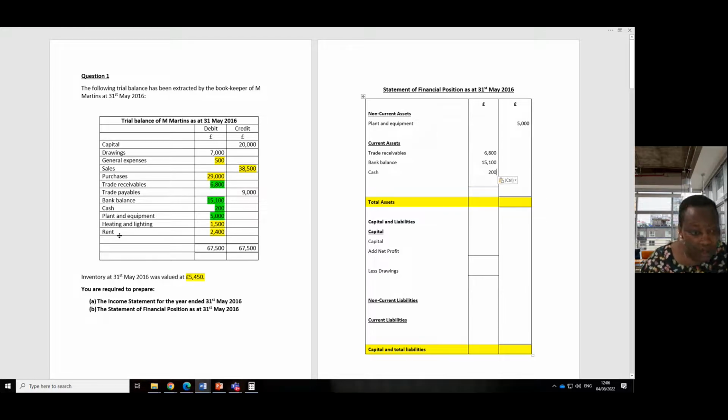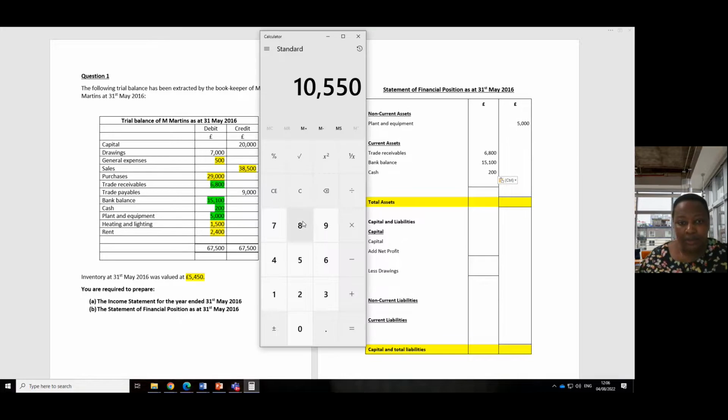Do we have any other current assets? No. Of the remaining items here, we don't have more current assets. So what we need to do is add up all of these current assets that we've been given. So bring in our calculator. The 10,550 was what we got as our net profit. We'll be using that in this calculation. So we have 6,800. We add 15,100.